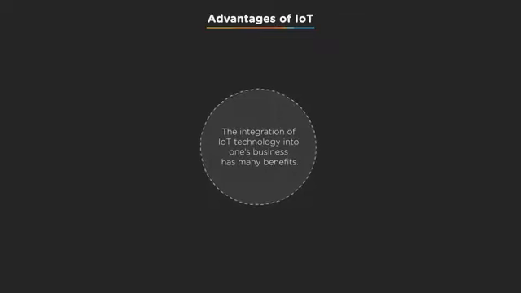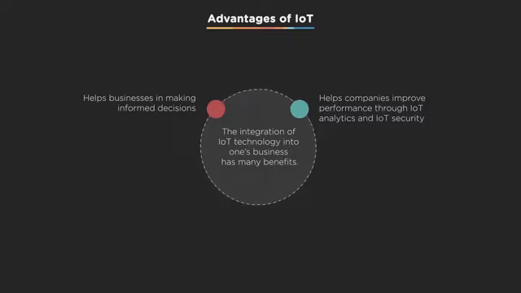The integration of IoT technology in one's business has many benefits. It helps businesses in making more informed decisions, aided by the torrent of interactional and transactional data at their disposal. Helps companies improve performance through IoT analytics and IoT security to deliver better results.